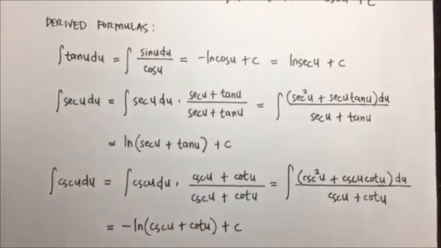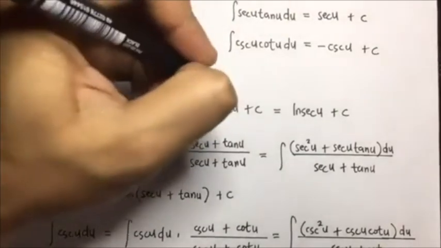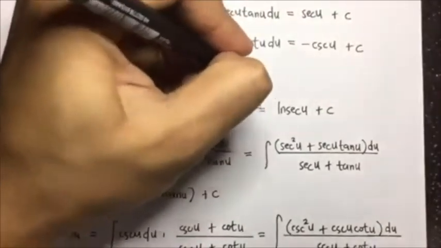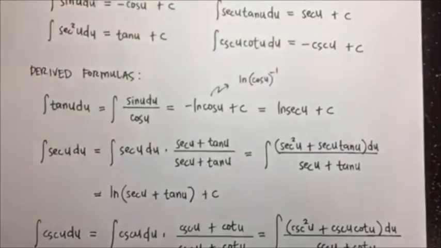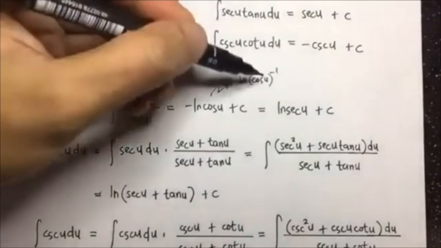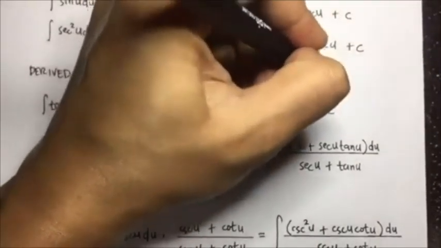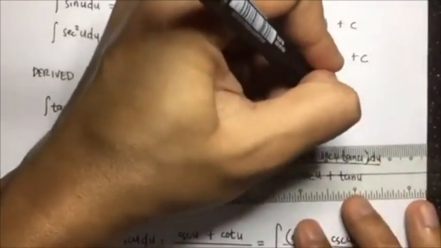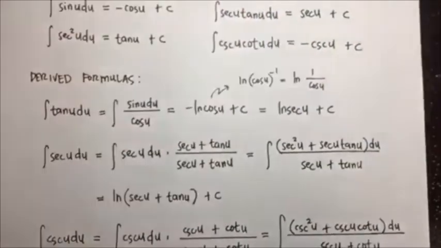Why is that? Because we have applied the laws of logarithm. Negative ln of cosine of u can also be equal to ln of cosine of u raised to negative 1, and cosine of u raised to negative 1 is ln of 1 over cosine of u, for which 1 over cosine of u is equal to secant of u.